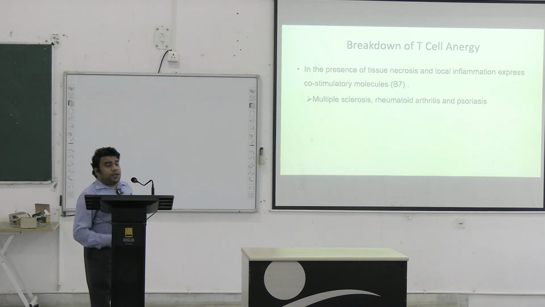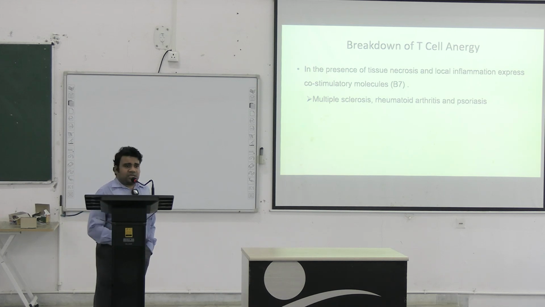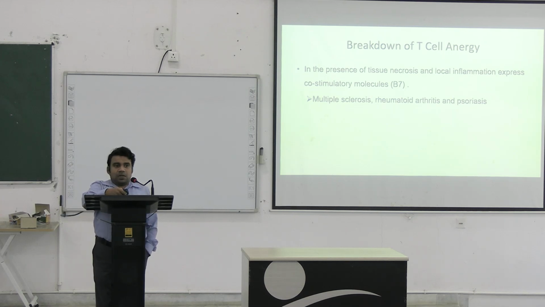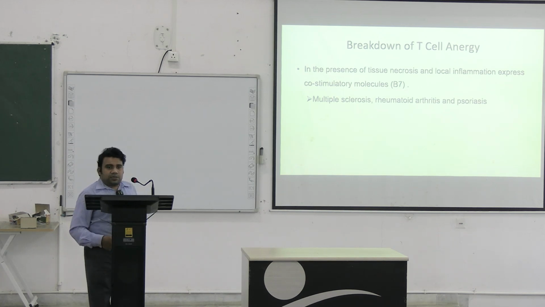So, first would be breakdown of T cell anergy. Anergy, I have told you, if some cells do recognize self antigen, they will undergo anergy. That means they will not give the positive feedback to the cascade of the immune system. This is mediated by the B cell. And if it fails, what will happen? The loop will be completed.